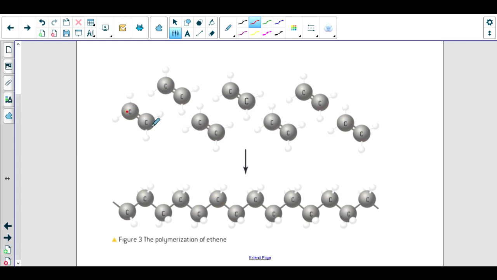They are alone, two carbons, so this is ethene. We break the double bonds, and we can connect them. When they are connected, it's a polymer. Monomers combine and it becomes a polymer. These are very important reactions in the petrochemical industries and also in plastic industries. These reactions are very famous.